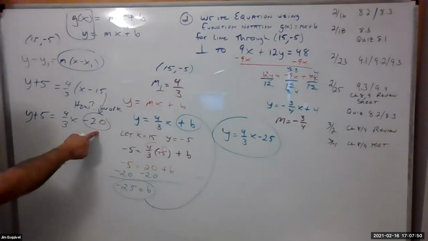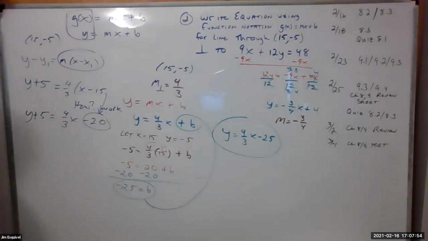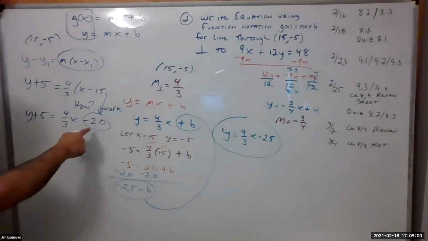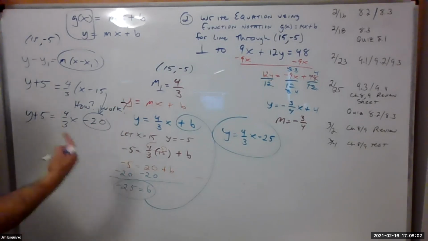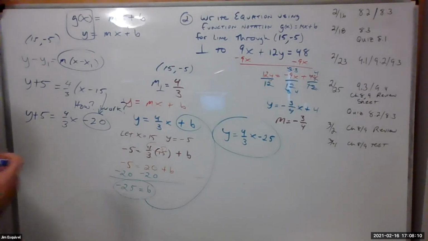Because I know you wouldn't let me get away with just going from here to here in class. Where'd the 20 come from? And again, not just one student, not just two students, not just three students. I'm talking like 5 or 6 or 7 or 8 out of my 70 something students, a third.